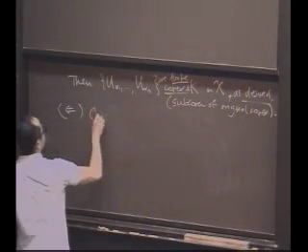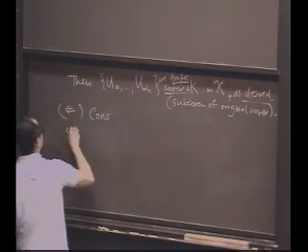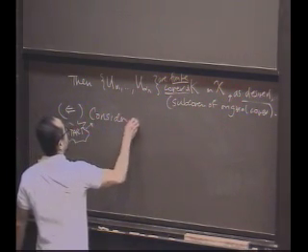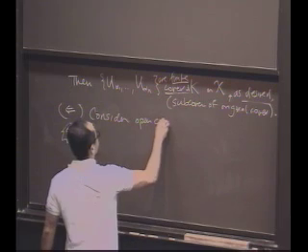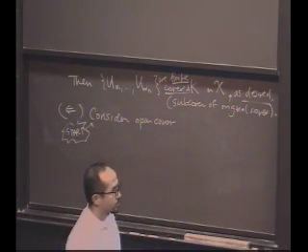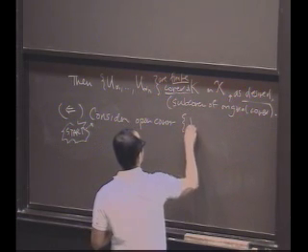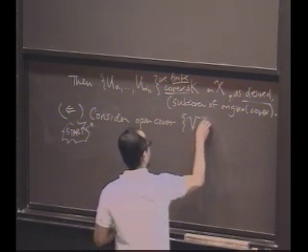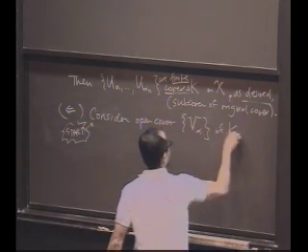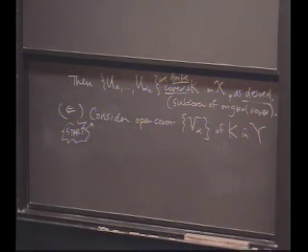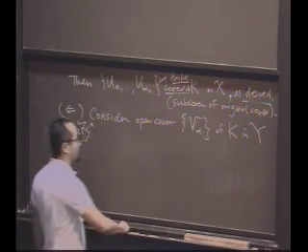I won't redo this whole argument, but just remind you that the starting point is, consider an arbitrary open cover of K. I'll give it a name. Let's start with V's. That's convenient. V sub alpha of K in Y. And now we want to show there is a finite subcover.